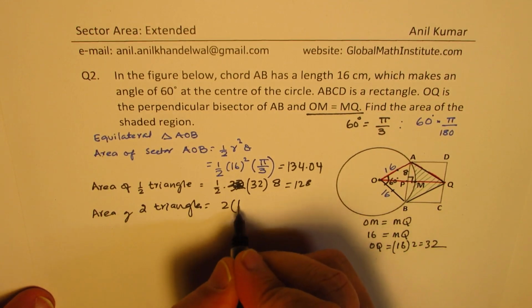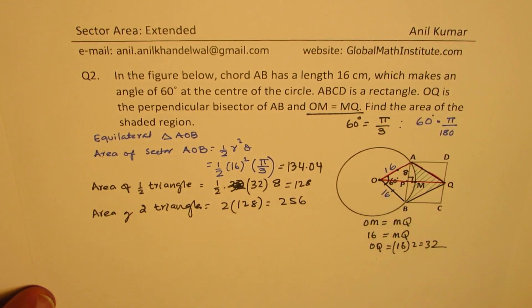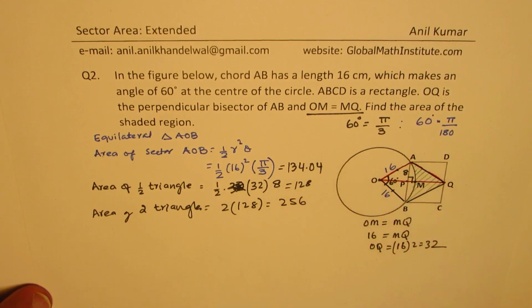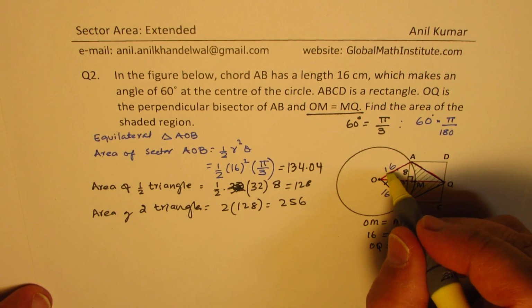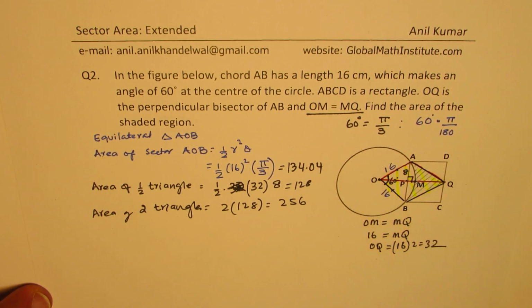So 2 times 128, which is 256. So we got the area of the complete triangle, which means we have calculated this whole thing. So if I take out the area of the sector, we get the area of shaded region.